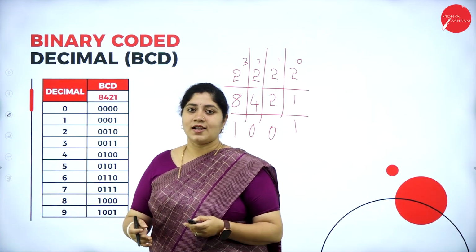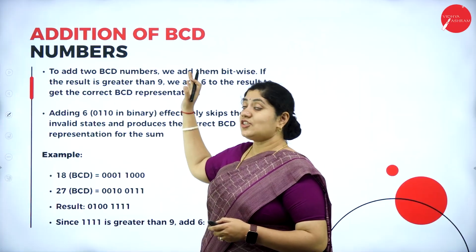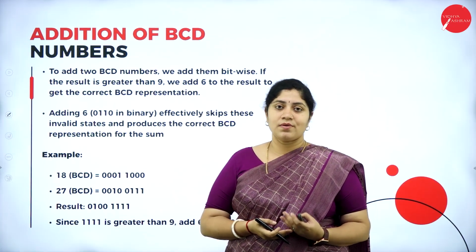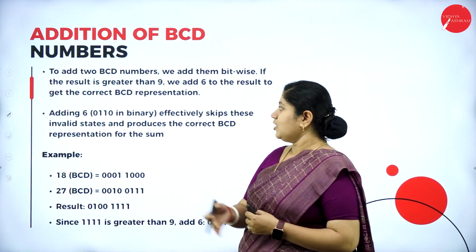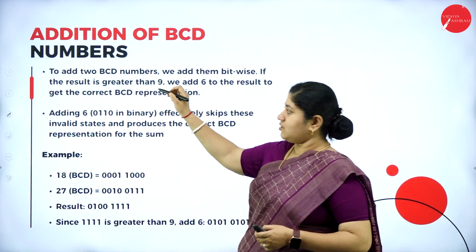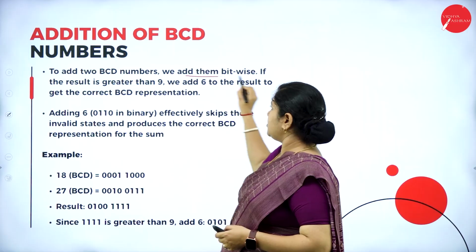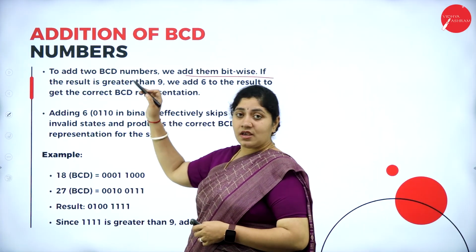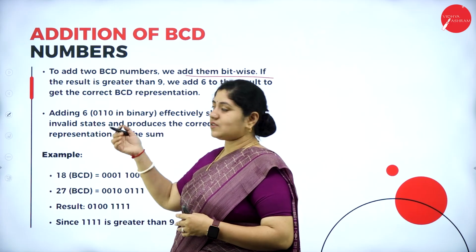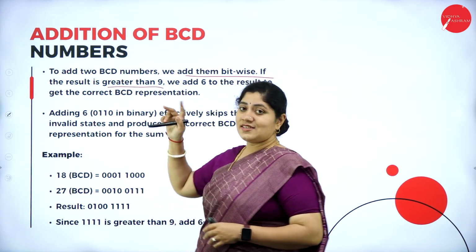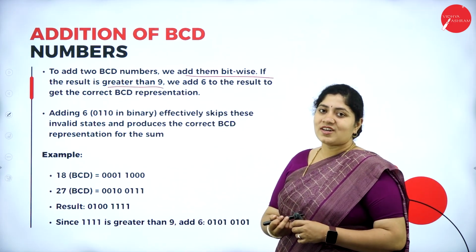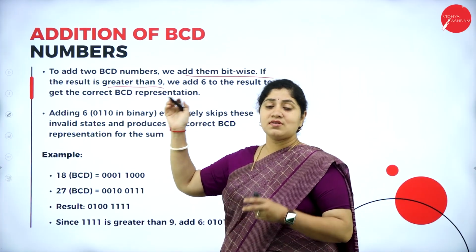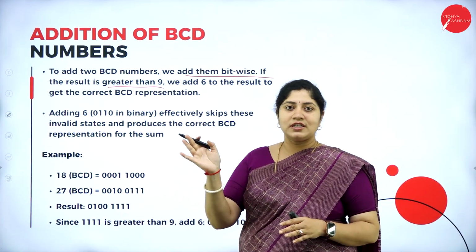Up next, let's go with addition of BCD numbers. Over here we can go with BCD numbers addition, bitwise. And the thing is, if our result is greater than 9, then there is a rule. Whenever my value is within 9, I can execute it as it is.